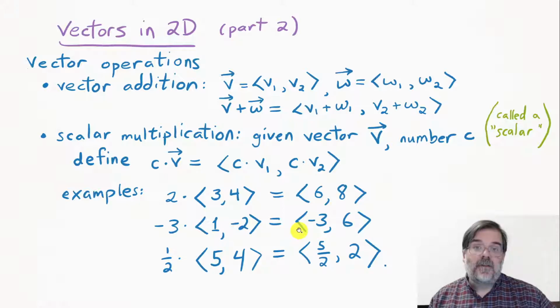So the result is the vector ⟨-3, 6⟩. Finally, 1/2 times the vector ⟨5, 4⟩, well, multiply each of these times 1/2, and we'll get the vector ⟨5/2, 2⟩. That's scalar multiplication. It's like multiplication, but twice as much fun because you get to do it twice.